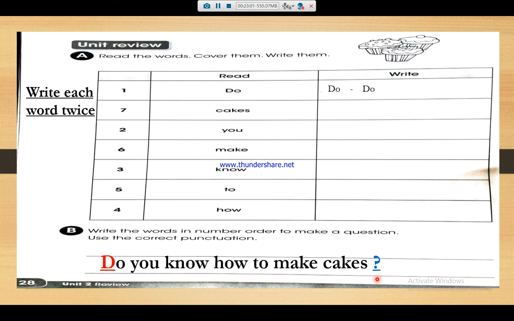What do we have to end with? We have to end with a question mark. So please underline the capital letter at the very beginning, and underline the question mark at the very end. And this is page 28, the last page of this unit. Thank you very much. I want all of you to write neatly in good handwriting, and thank you.